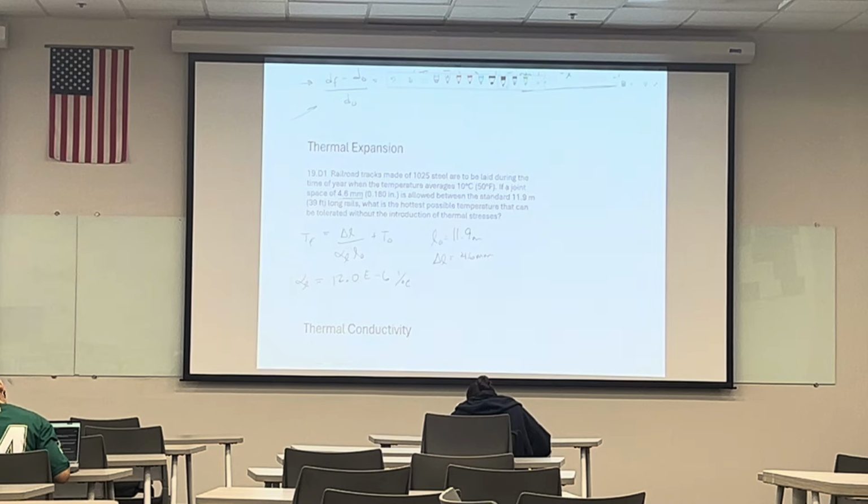The alpha L, we wrote that down, and then the original starting temperature is given in the problem, which is the 7 degrees Celsius. So if we plug all those in and calculate it, we should end up with 32.2 degrees Celsius for this problem.